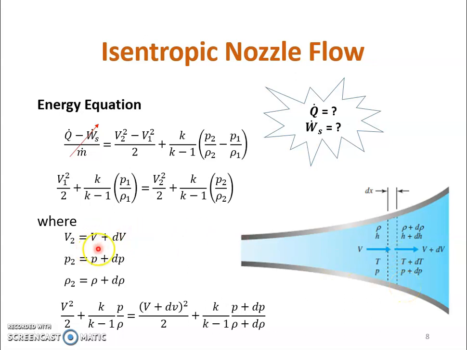So we write V2 as V plus dV, the pressure P plus the change in pressure, and the density plus the change of density. So we can write this equation to this equation.